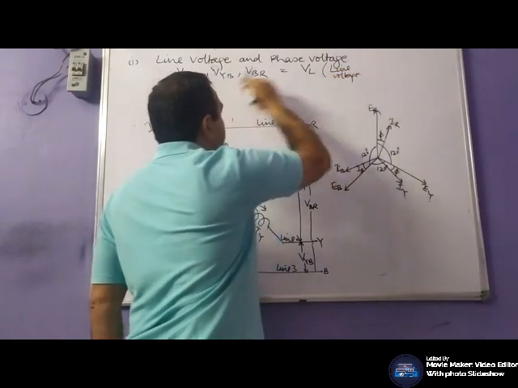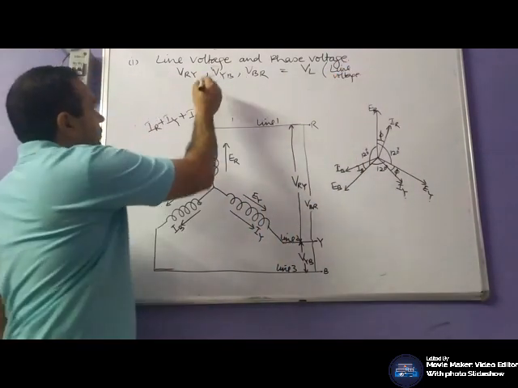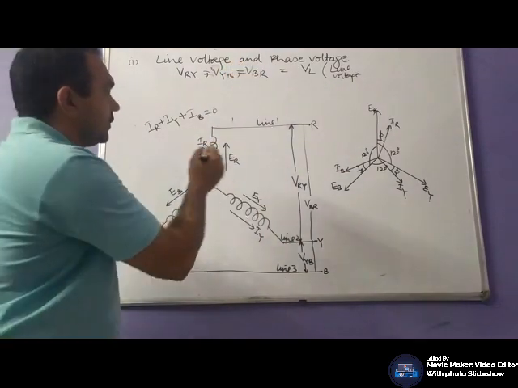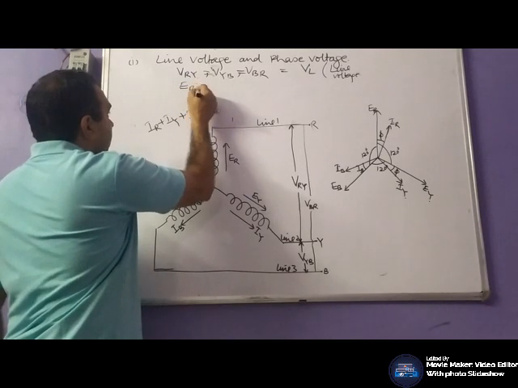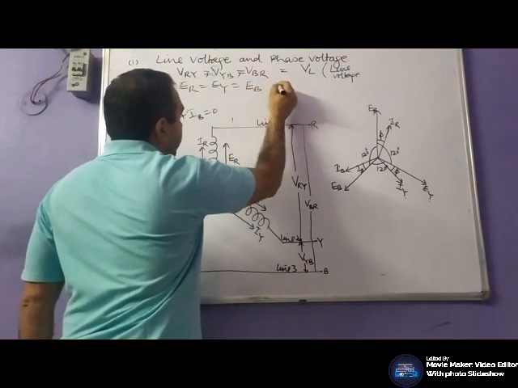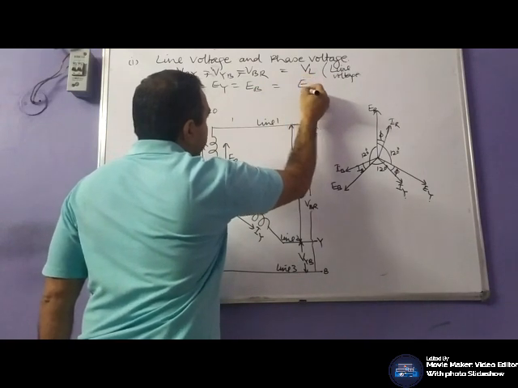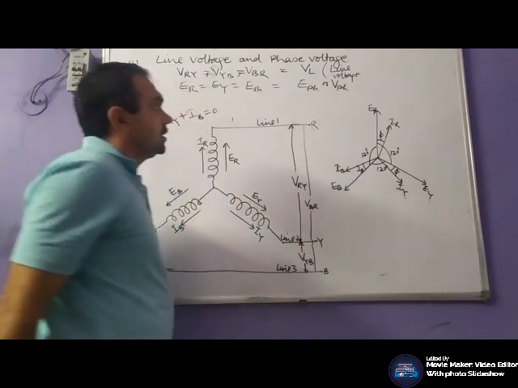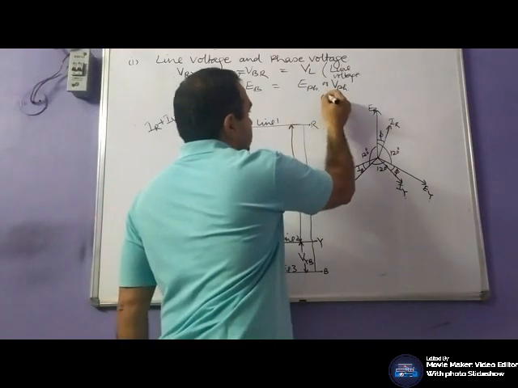They will be the same and they will be equal. VRY will be equal to VYB and VBR. If ER, EY, EB are the same, they may be represented by E phase or V phase. That is your phase voltage.